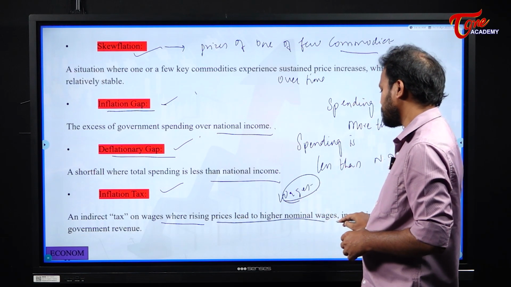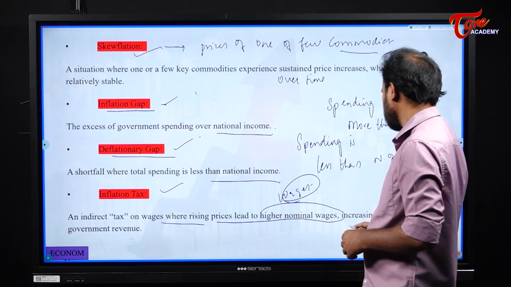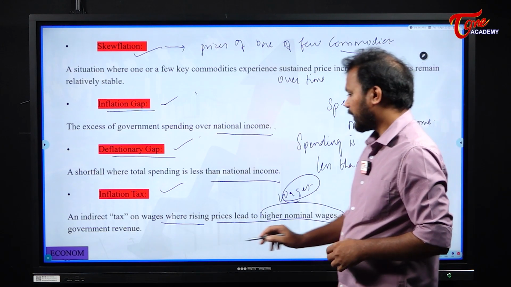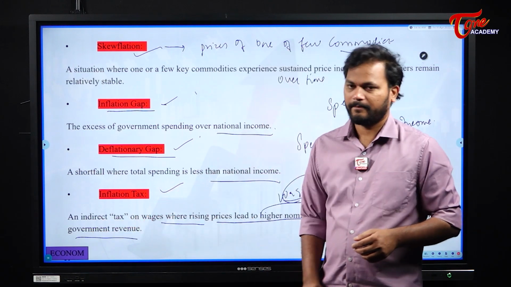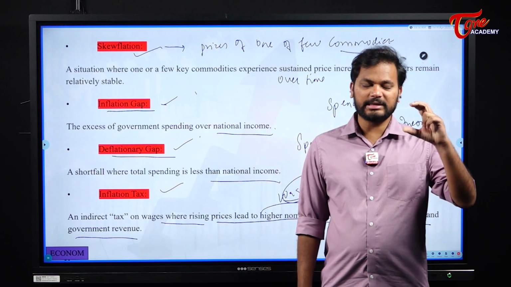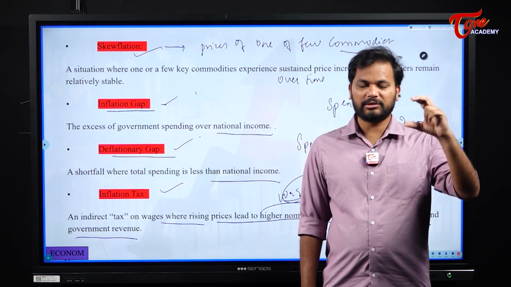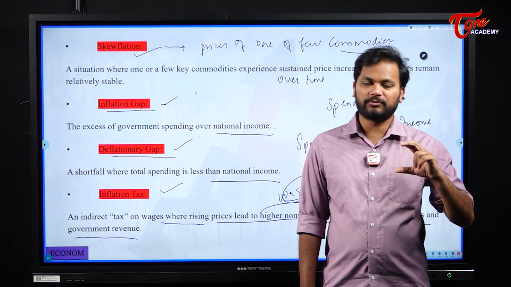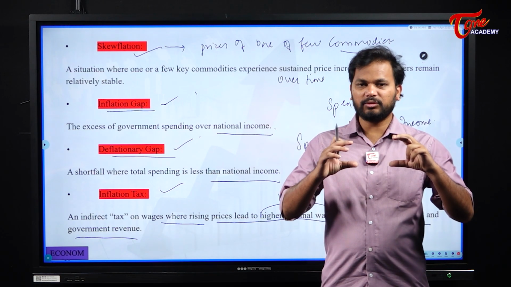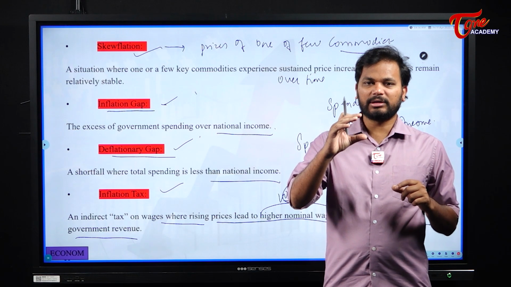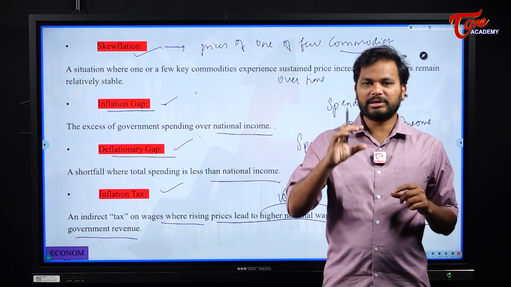Where rising prices lead to higher nominal wages, increasing tax liabilities and government revenue. If there is an increase in inflation, if there is an increase in the general prices of goods and services, the salary or the wage of the particular person also keeps on increasing.